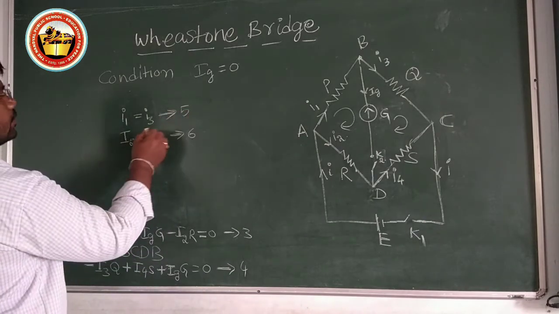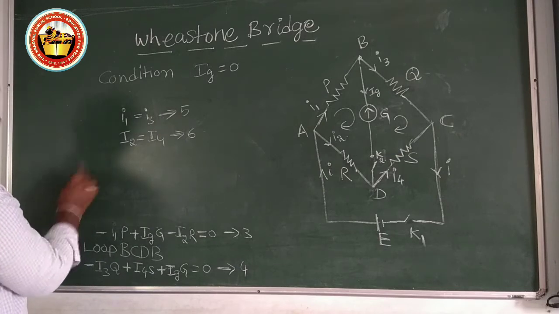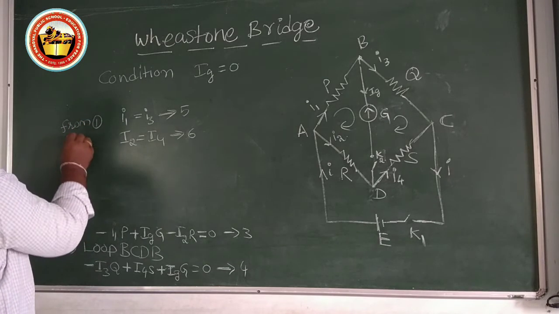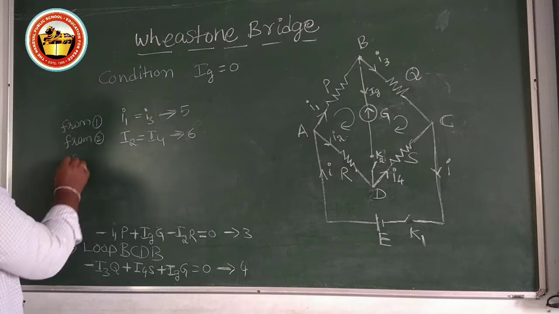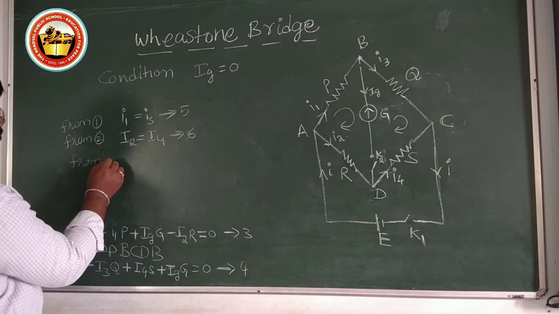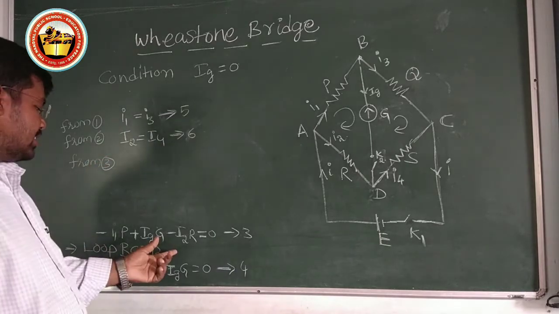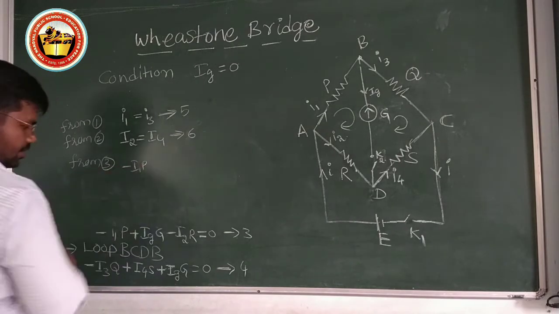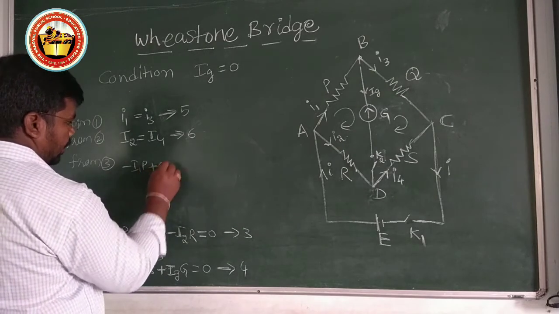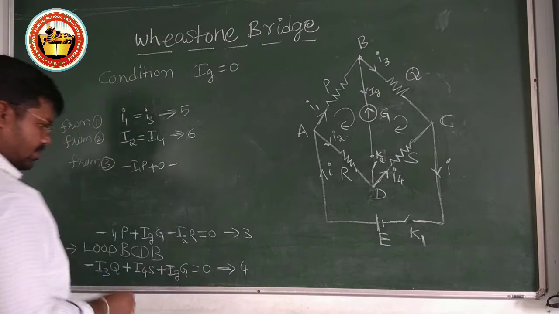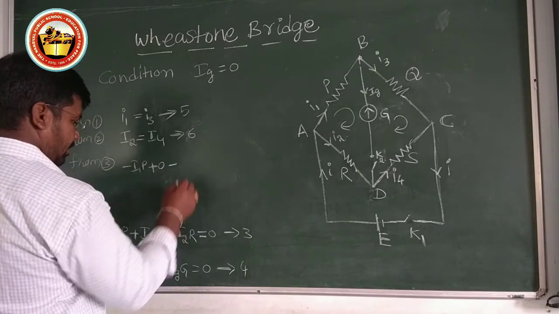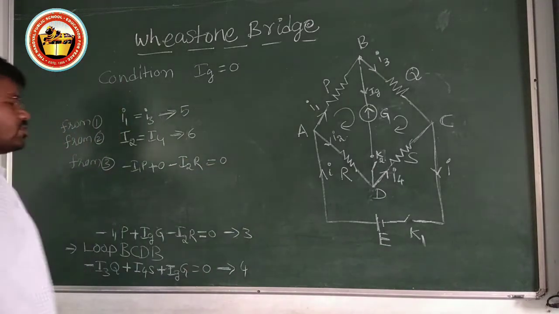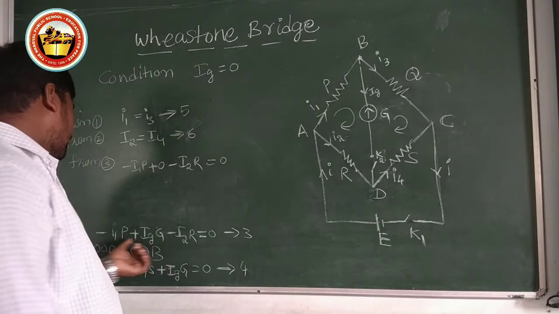So from equation 3, we can substitute the Ig value 0, and we get minus I1 P plus 0 minus I2 R is equal to 0, according to the loop law.